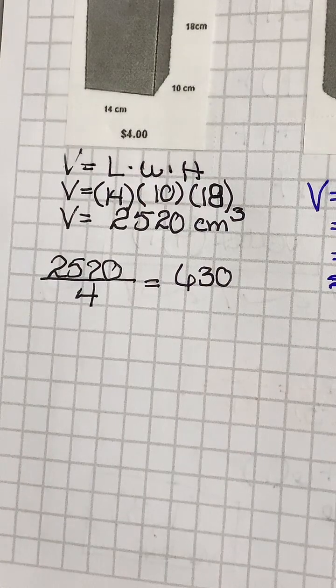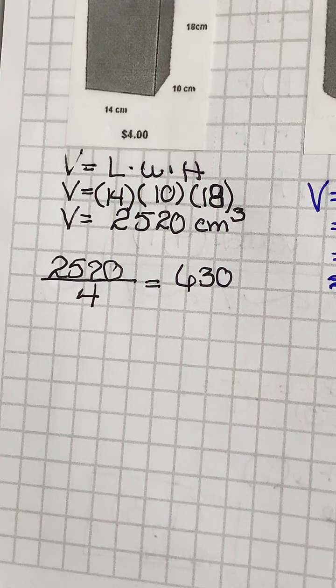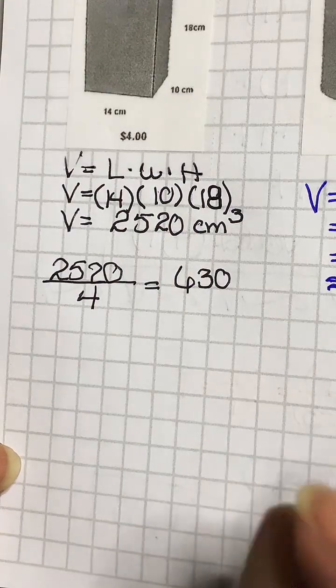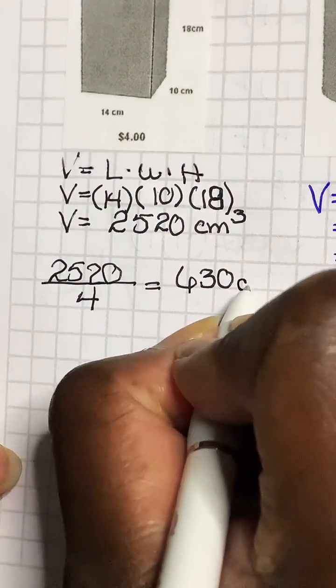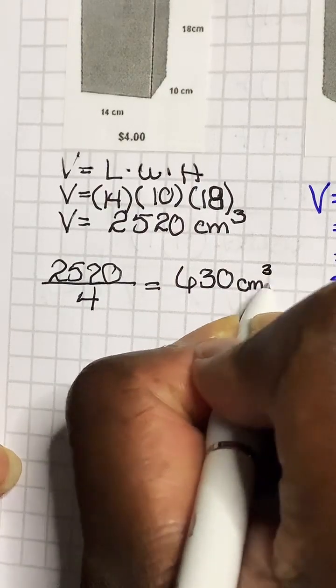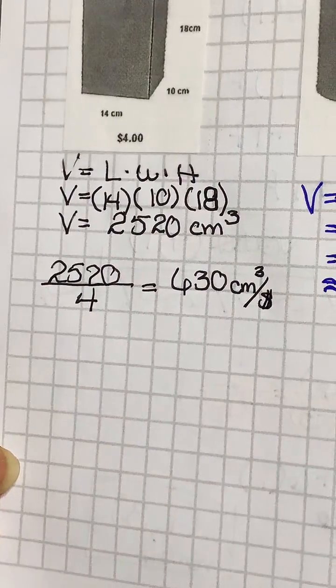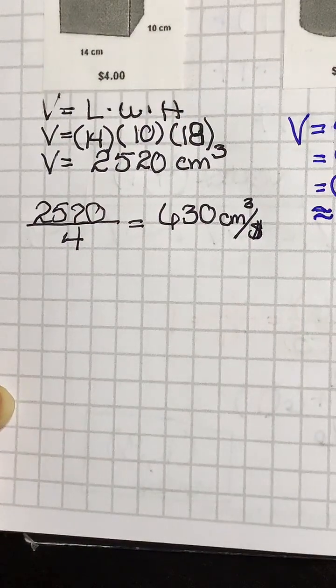So we're looking at 630 cubic centimeters per dollar. Okay. So that would take care of that first one.